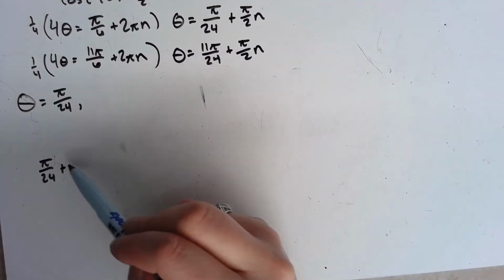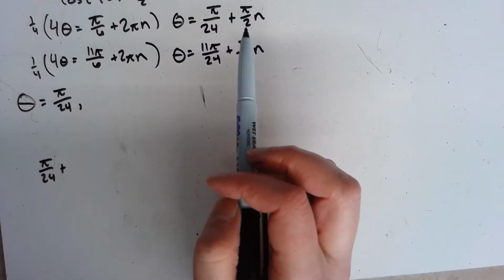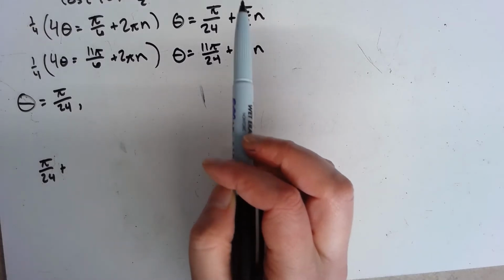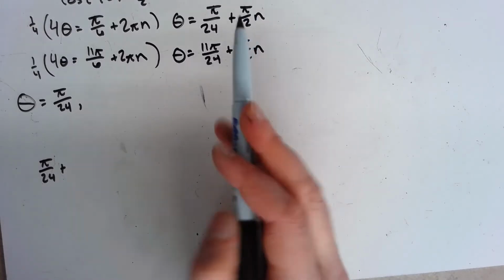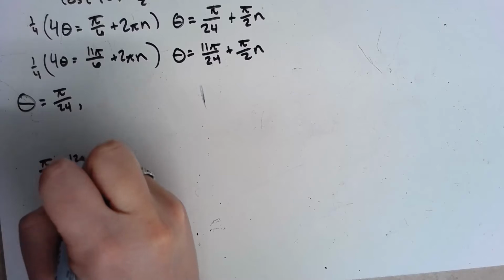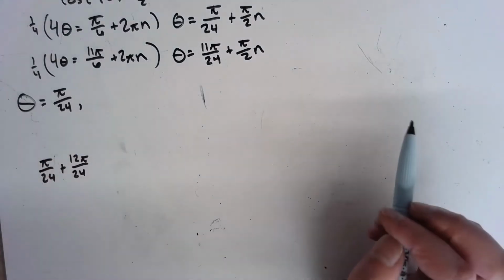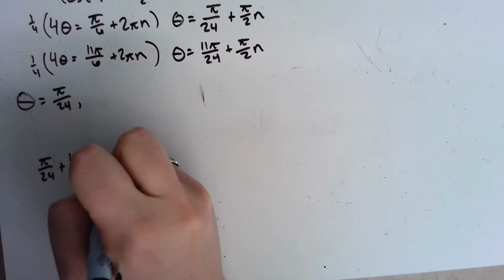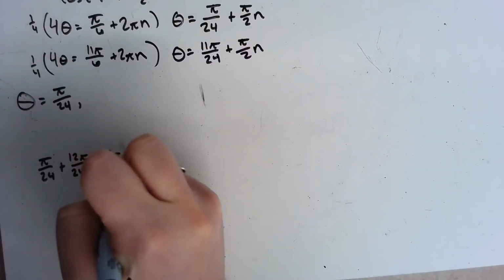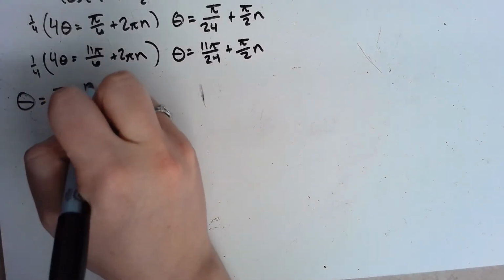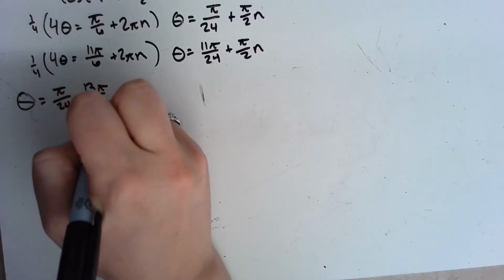But I need to have a common denominator. So instead of pi halves, I'm going to do 12 pi 24ths, because 12 24ths, that's a half right there. So then my next answer is 13 pi 24ths.